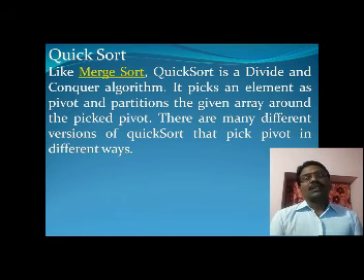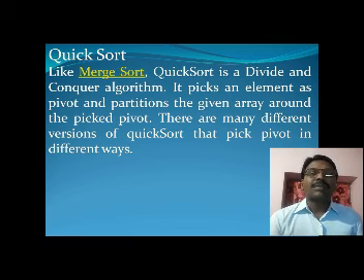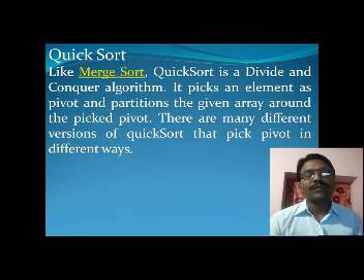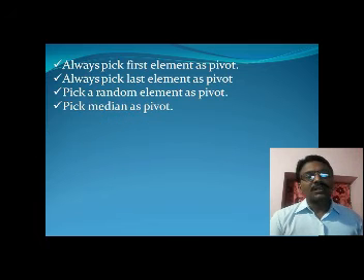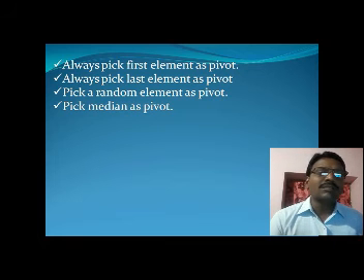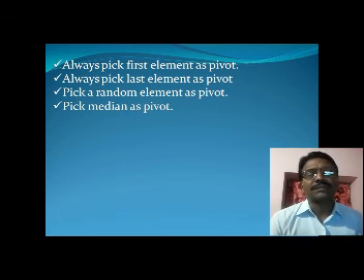But QuickSort, based on a picked pivot element, divides the array into two parts. What is a pivot? The pivot element is one of the elements in the unsorted array.